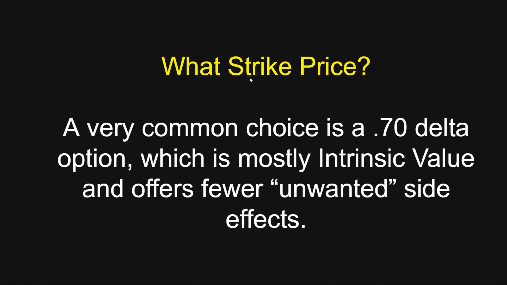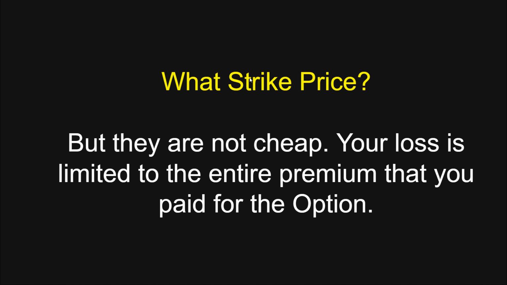So it offers fewer unwanted side effects when you buy this option. It's generally going to track the underlying pretty close to that. 70% correlation to tracking the underlying point for point in terms of gain. But they're not cheap. They're expensive. Your loss is limited to the entire premium that you paid for the option if you decide to manage the trade that way.